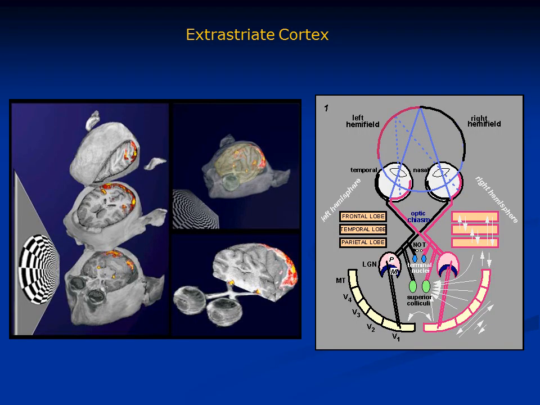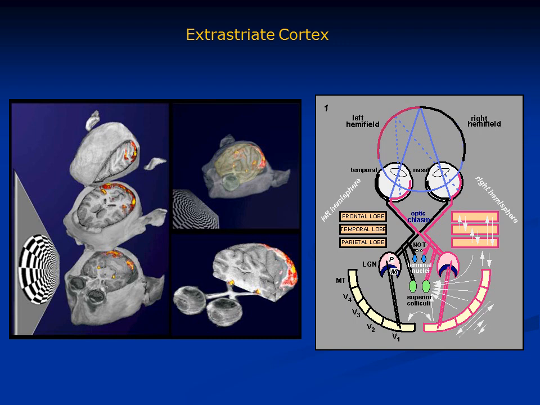Next slide here. Extrastriate cortex, the area beyond the striate cortex, a bit of a visual representation. The left set of pictures is from a monkey brain study done with fMRI, not pretty pictures, not much explanatory value there. The picture on the right, however, kind of traces things back.